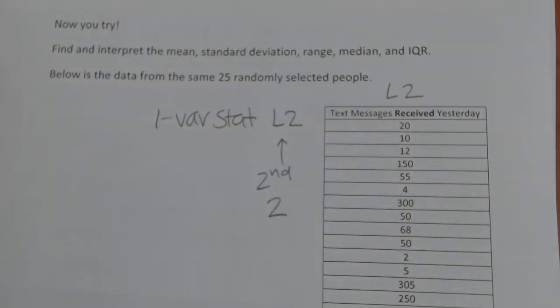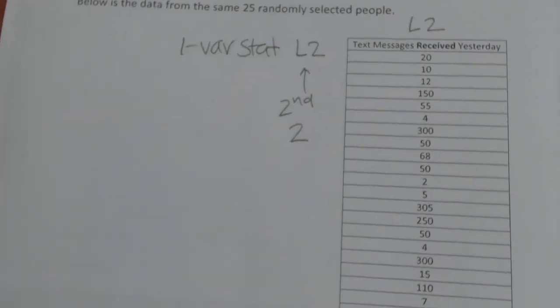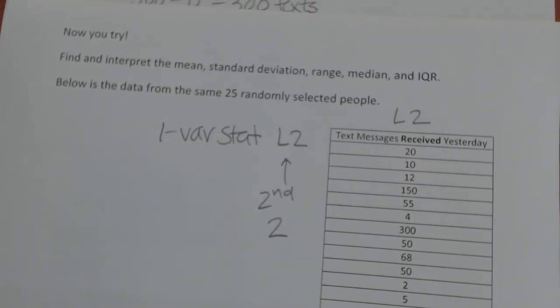Unless you want to erase your L1 and enter data all over again, you can, but I find that it helps just to do one in one list and one in the other. So I would do a one variable stat on L2, and I would put this data into L2. Please try that. You will also see that the answer key is attached to your packet.